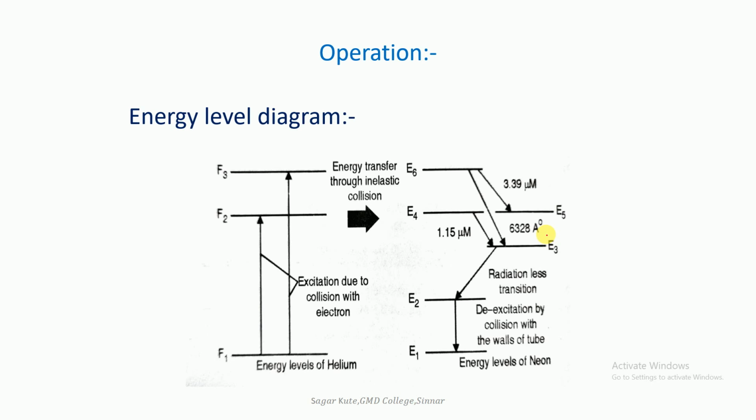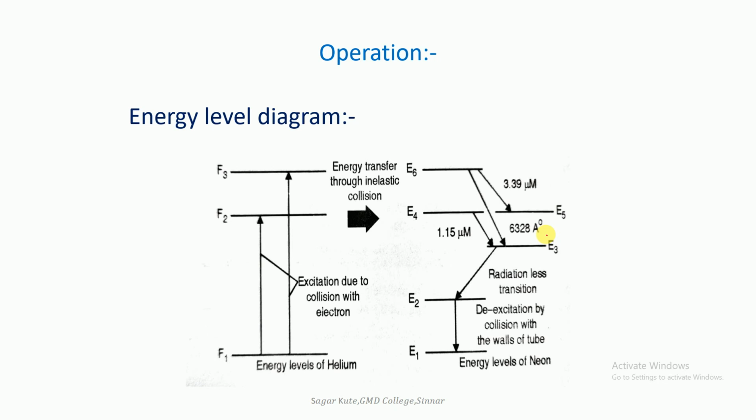This can be prevented by reducing the diameter of the tube, so that atoms in the energy state E2 make the transition directly to the lower energy level E1, mainly through collision with the wall of the tube, rather than being excited from level E2 to level E3.